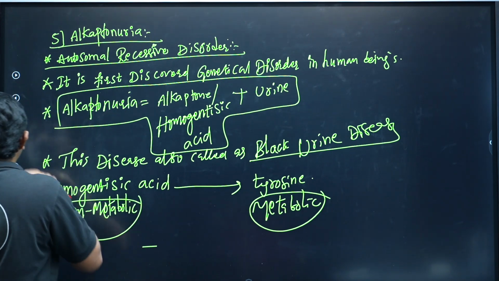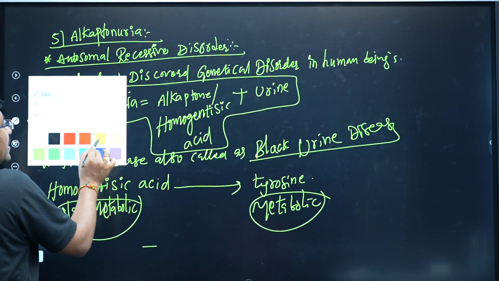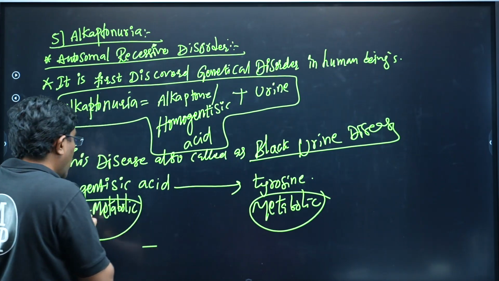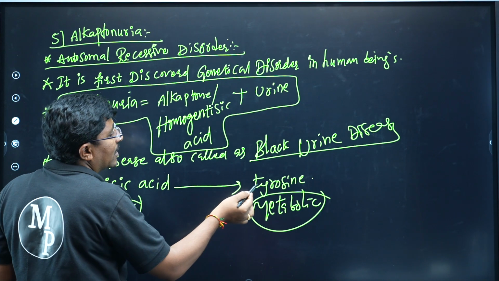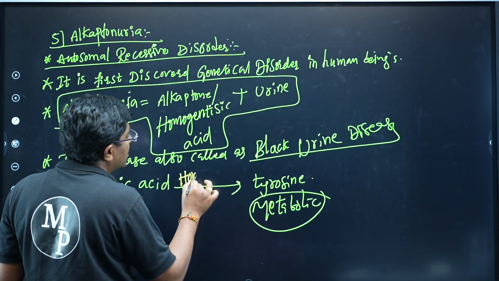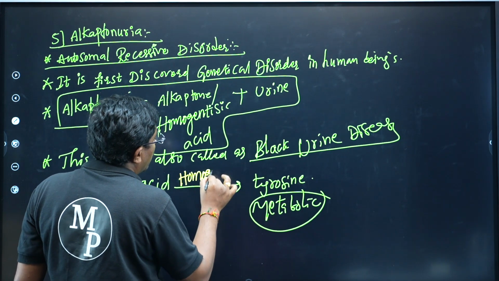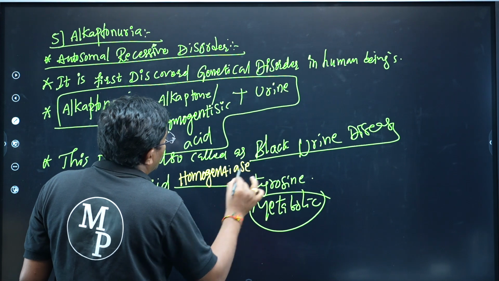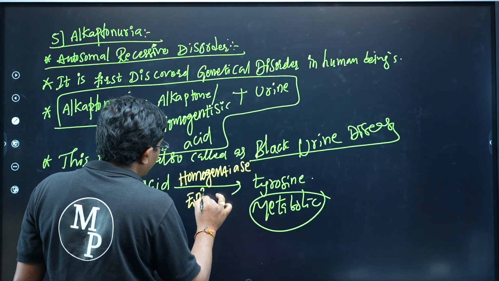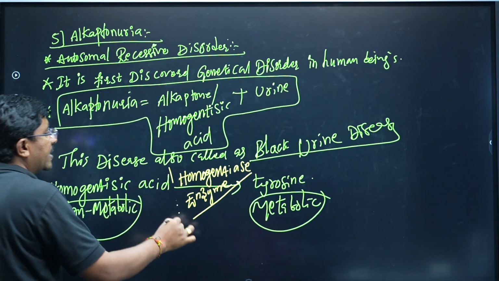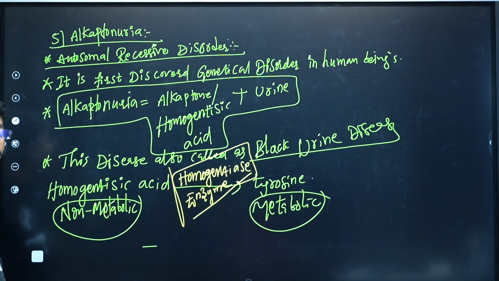For the conversion of homogentisic acid into tyrosine, the homogentase enzyme is essential.